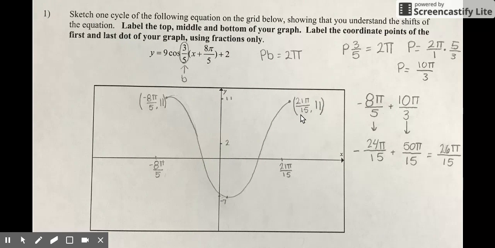Since there is no negative sign by the 9, we start at the top, above the x-axis, which is a helpful way to remember this, and go all the way down in the graph until you get to the dot 5. Then make sure you write your coordinate points for both dot 1 and dot 5, and then you're done.